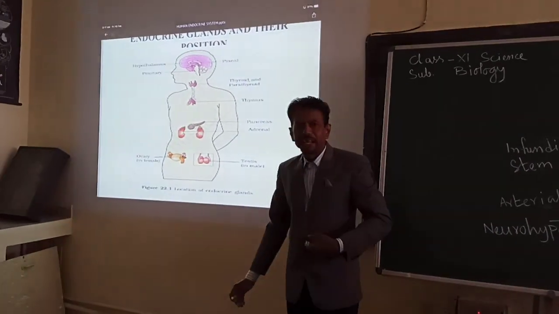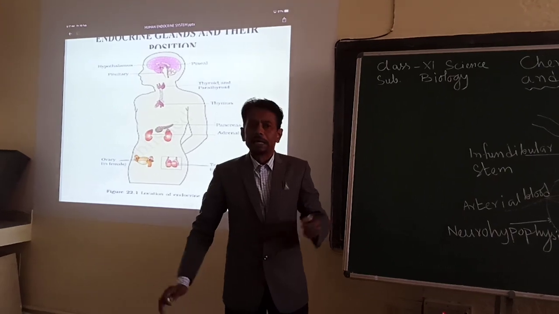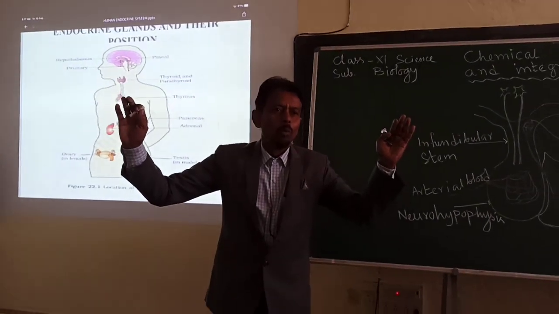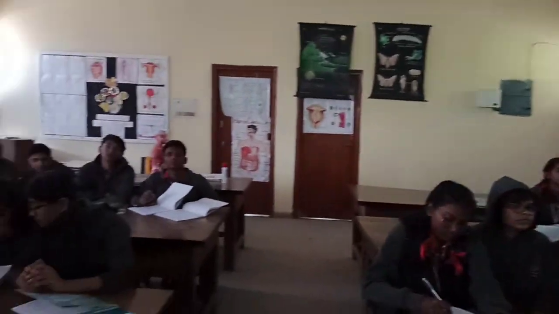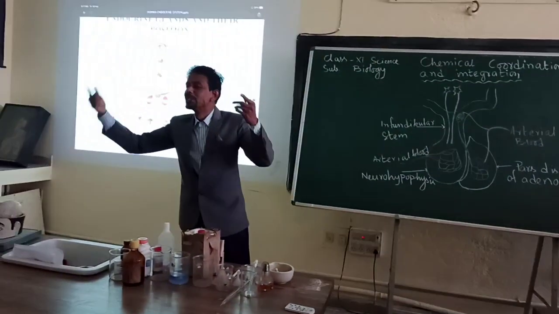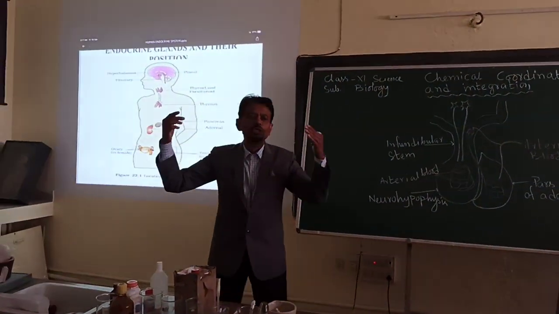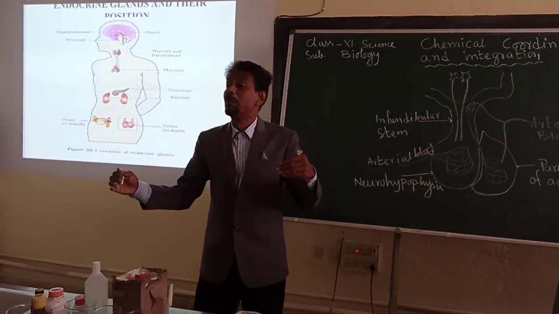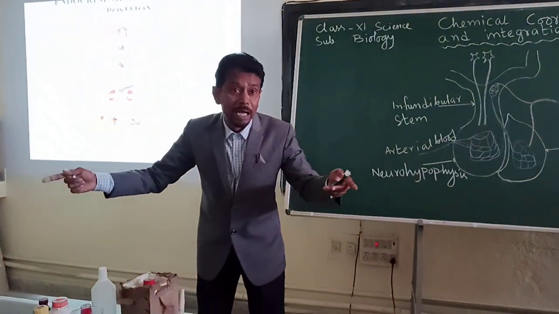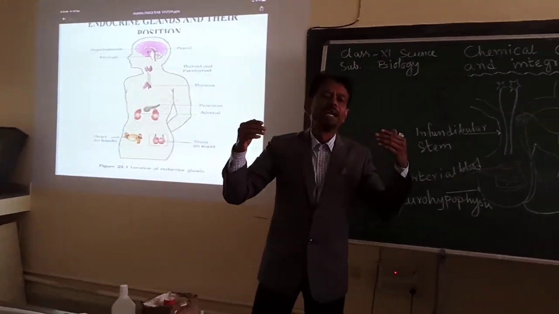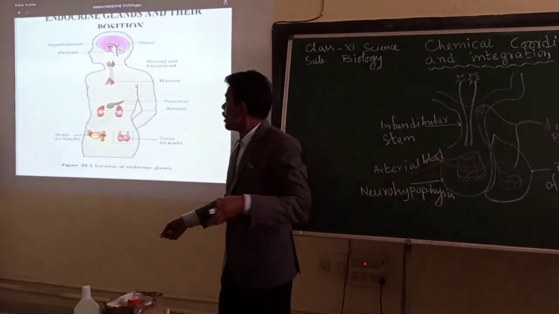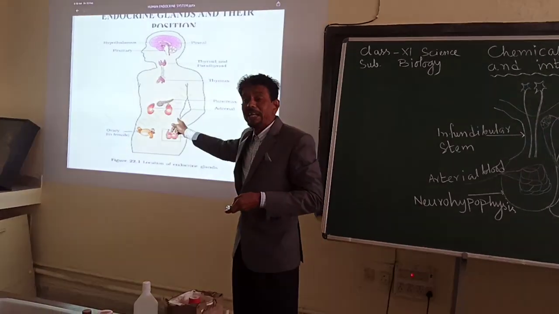Then we have the pancreas. Can you tell me what type of gland the pancreas is? Mixed gland. Why? Because it is both endocrine and exocrine in nature. As an exocrine gland, it secretes various digestive enzymes like pancreatic lipase, pancreatic amylase, etc. But it also acts as an endocrine gland.